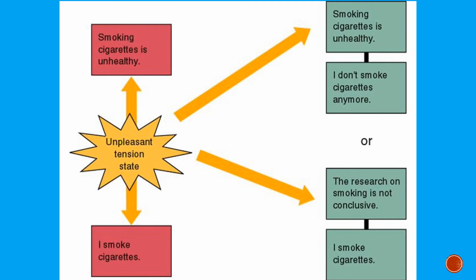So if you no longer smoke, then the dissonance goes away. Or you decide that you don't believe the link between smoking and lung cancer. You know somebody that was 95 years old and they smoked 5 packs a day and they were healthy. And so you convince yourself there is no real link between smoking and lung cancer.